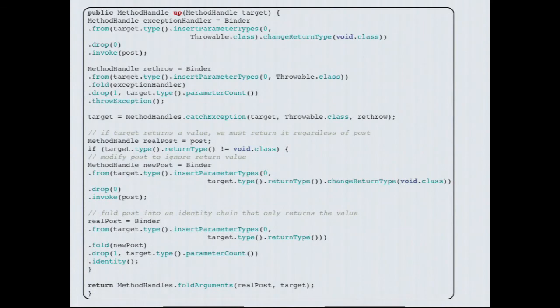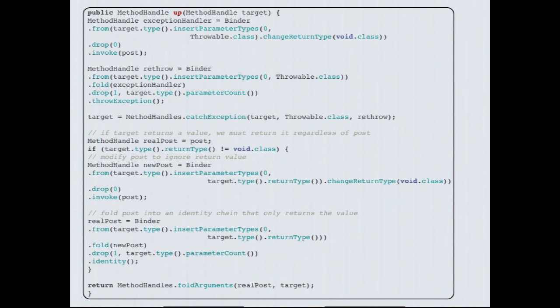Because you need to be able to map all the arguments through, you need to be able to inline the finally logic into both the exceptional and non-exceptional paths. You need to be able to handle the return values coming out of the finally in the non-exceptional case. Lots of overhead, lots of hassle to actually do this by hand, just to do a finally bit. And so invoke binder, that's where we can have some of these patterns pre-baked into the API.